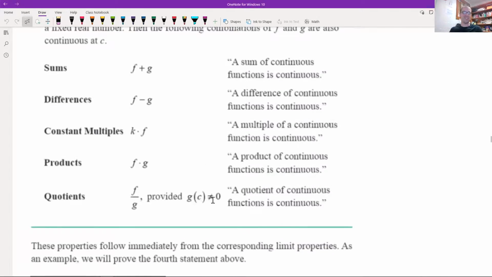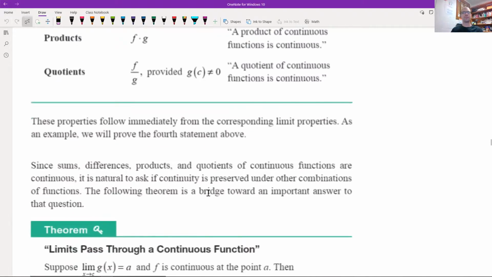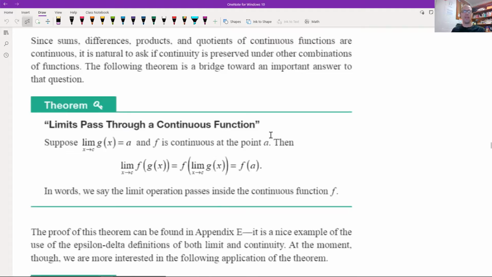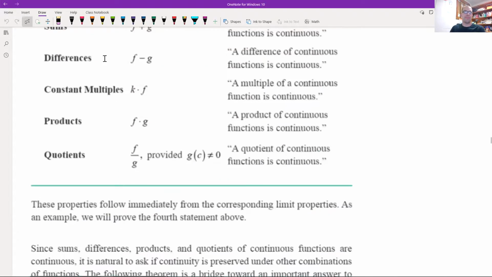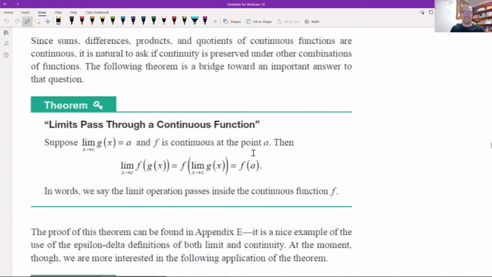I guess there's an exception where you don't want the denominator of a fraction to be 0, but we're pretty used to that. Cool. Those are nice.